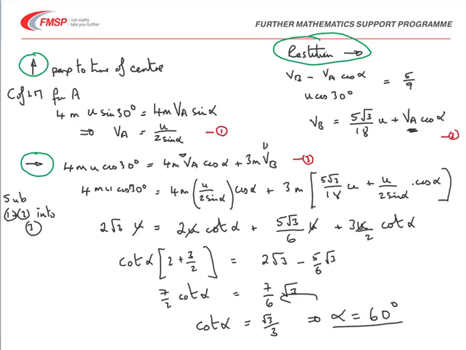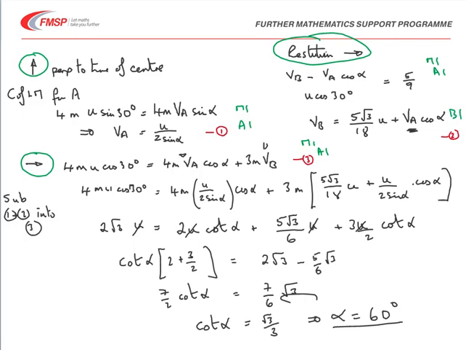Looking at the marking for it, there was M1A1 for getting that first expression there, and M1A1 for getting the equations here, another A1, M1 for the restitution equation, and then an expression for VB.